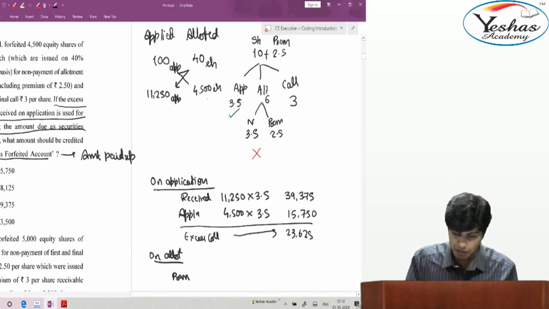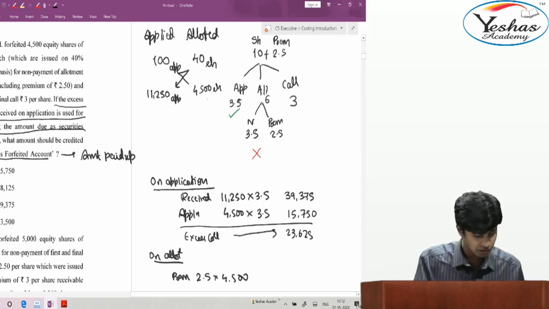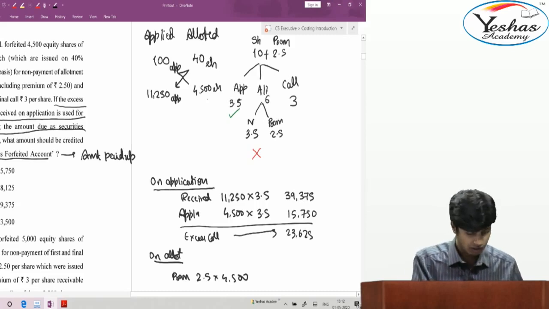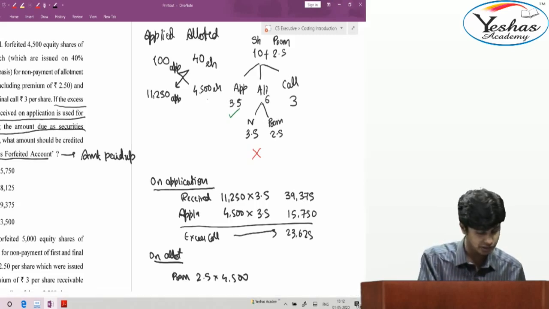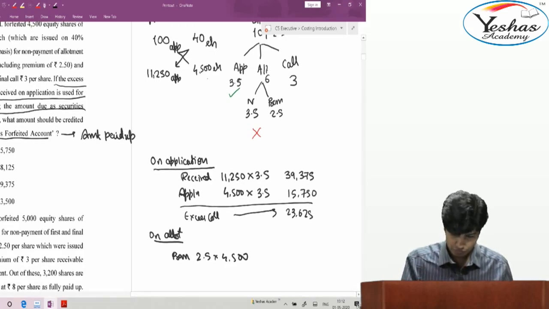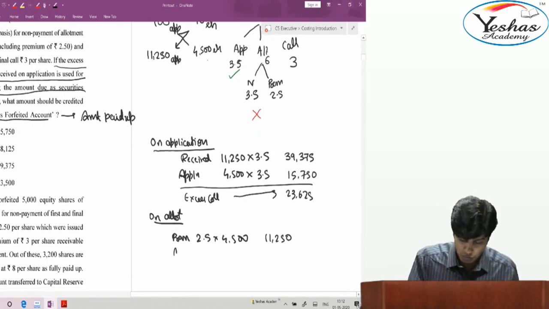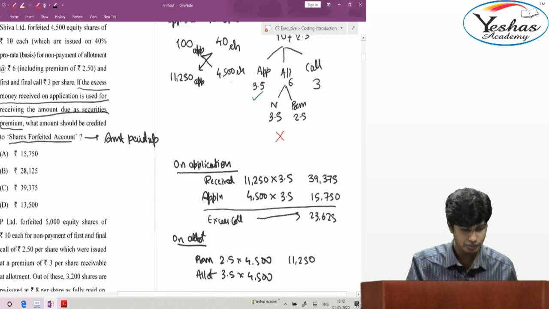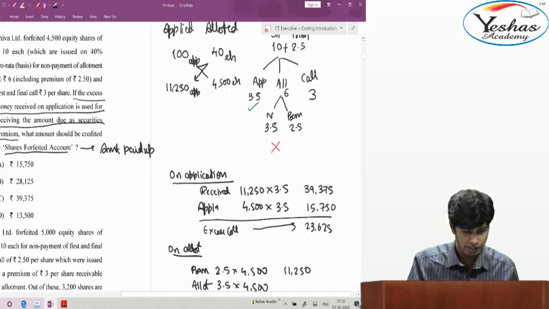On allotment, premium is 2.5 into 4,500 shares, that is 11,250. And then how much is the money towards allotment that is supposed to be called? We are supposed to receive 3.5 rupees into 4,500. Am I right?